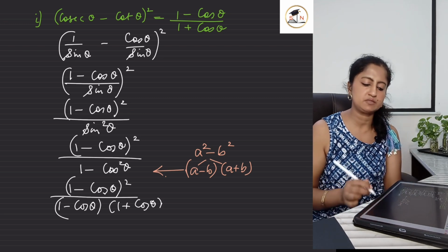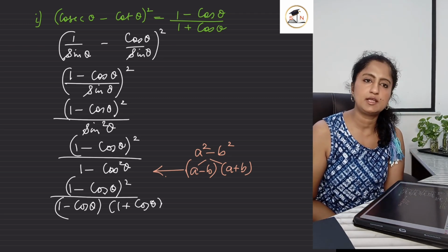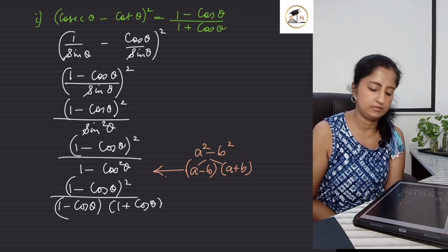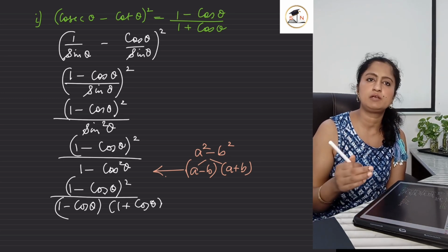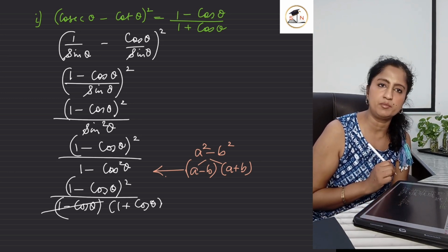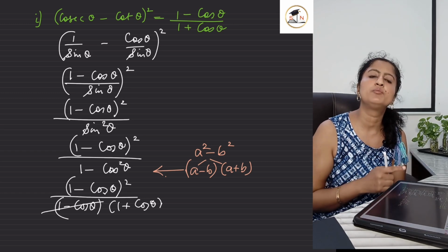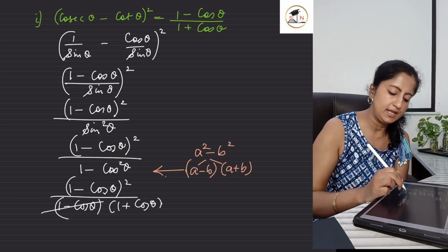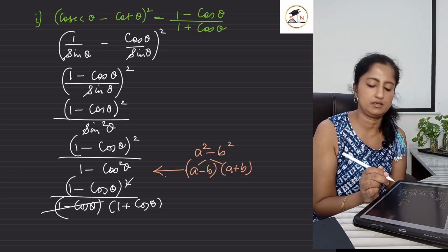I did (a minus b) into (a plus b), where my a was 1 and b was cos theta. So now if you see, numerator and denominator both have 1 minus cos theta. So I'm cancelling out the denominator's 1 minus cos theta with one factor of the numerator's 1 minus cos theta, and that is square. I'm just cancelling out the square over here, right?